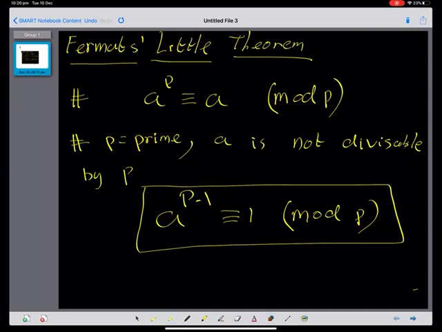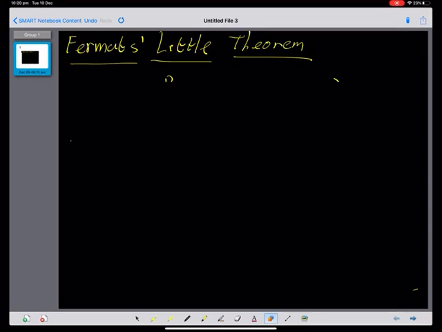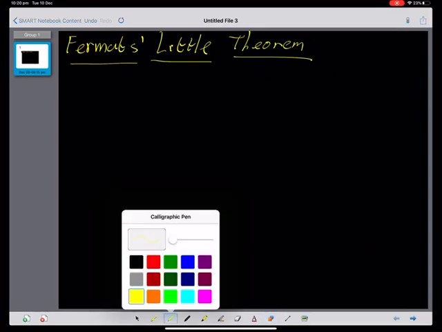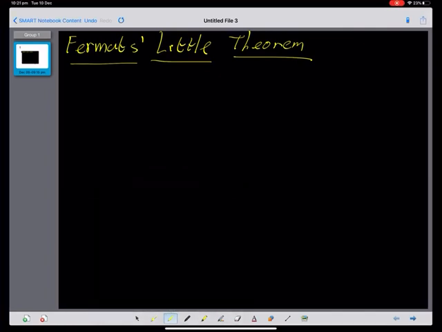So let's look at some examples where we can use Fermat's little theorem. Let's try 6 to the 10 mod 11 and find the value. So let's write the theorem down.